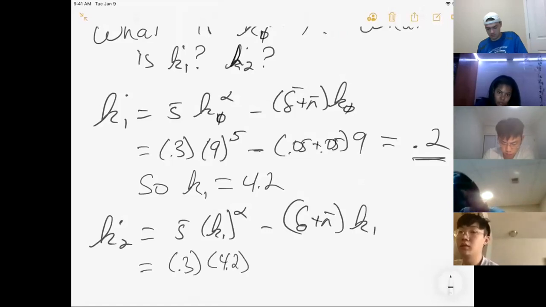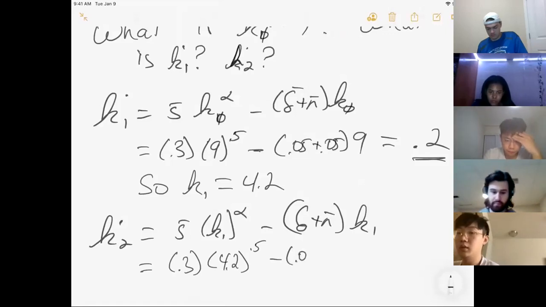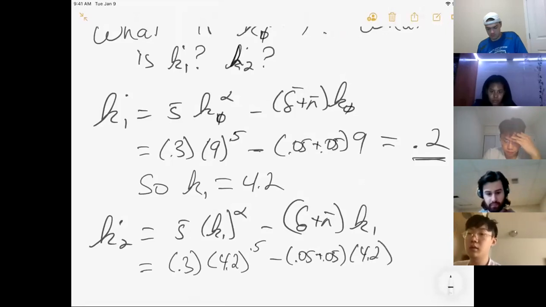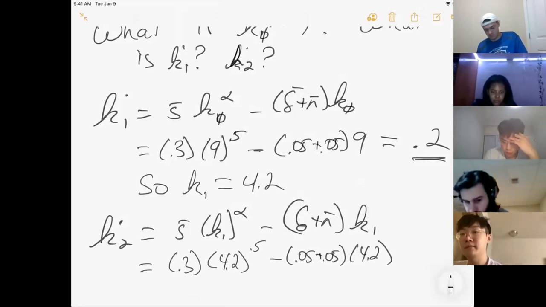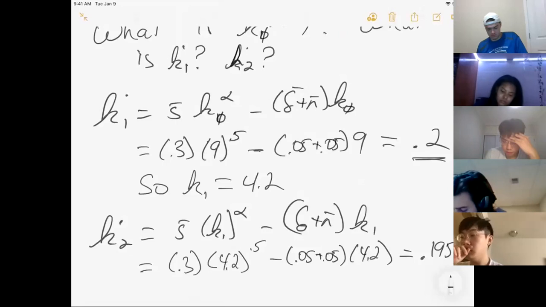So the only difference is now we use 4.2 instead of 4. What answer do we get? 0.195.